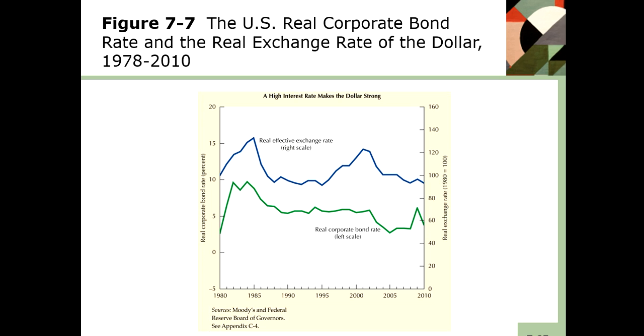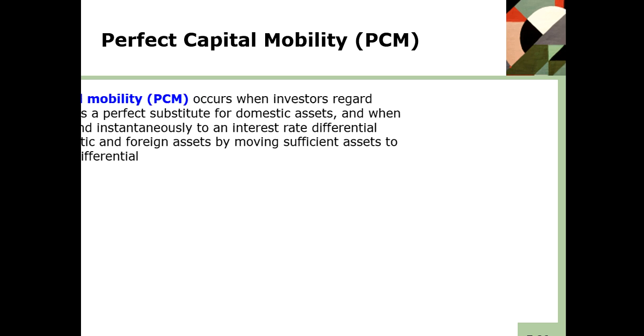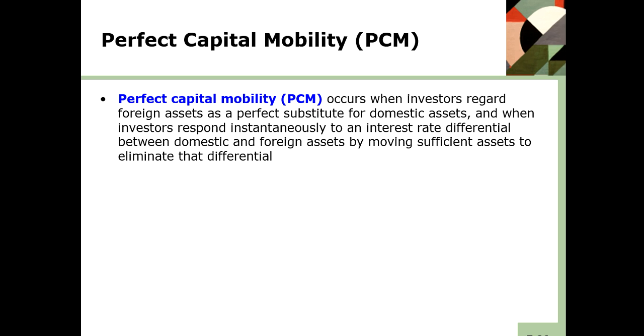So what about the exchange rate under perfect capital mobility? First of all, what's perfect capital mobility? It occurs when investors regard foreign assets as a perfect substitute for domestic assets, when investors respond instantaneously to an interest rate differential between domestic and foreign assets by moving sufficient assets to eliminate that differential.